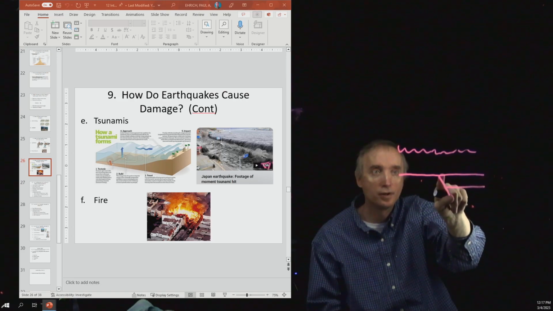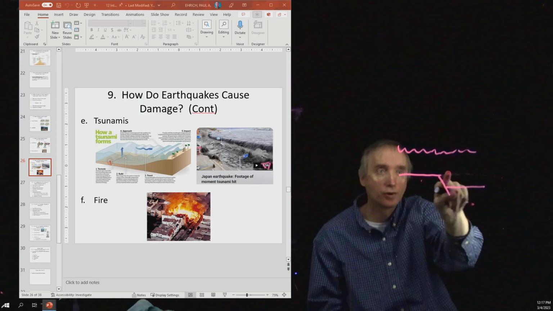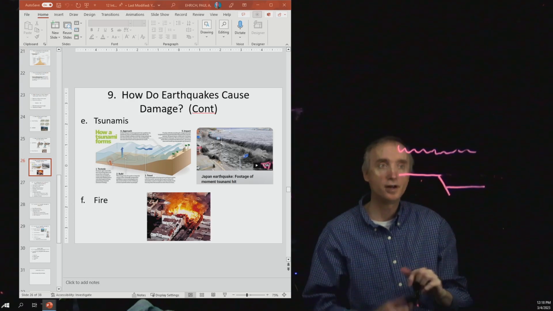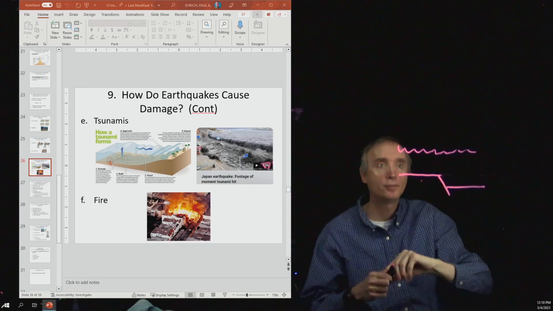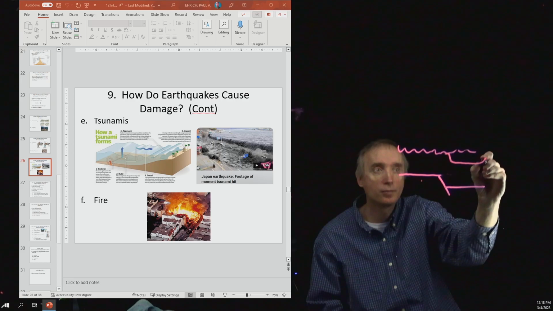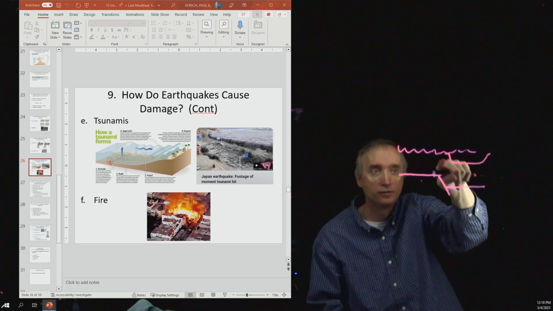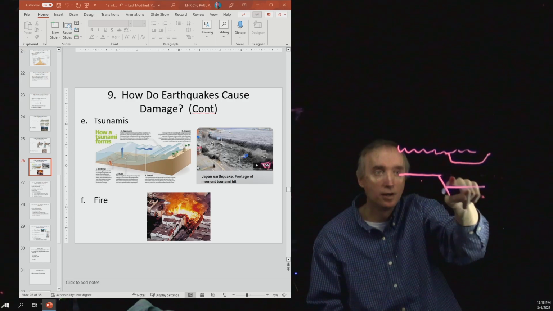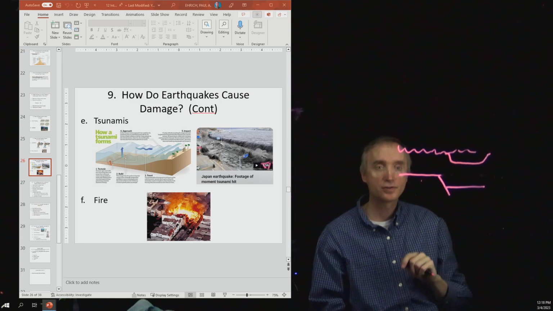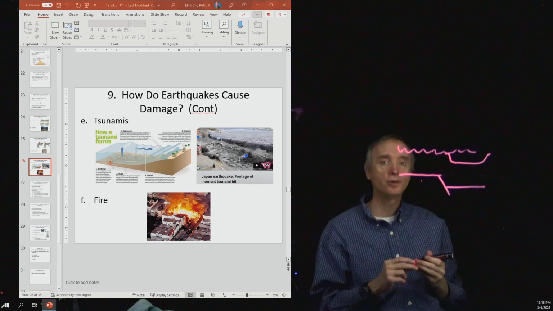So this piece of rock breaks loose and falls down like that. When it does that, now look at what's going to happen. All of this water is now going to do something like that, because it's going to fill in this volume down here. And so what this is going to do is create a tsunami.